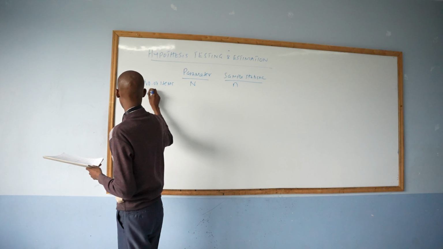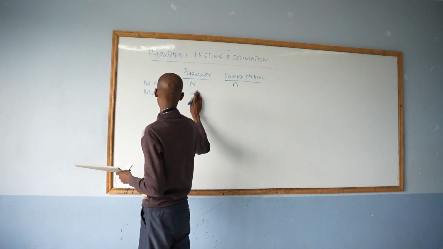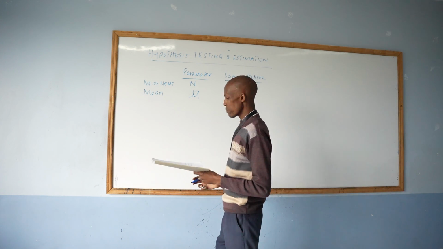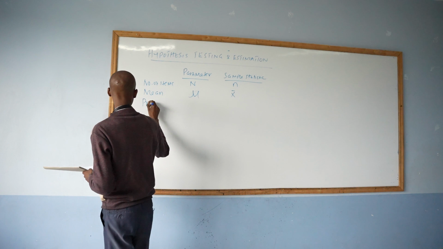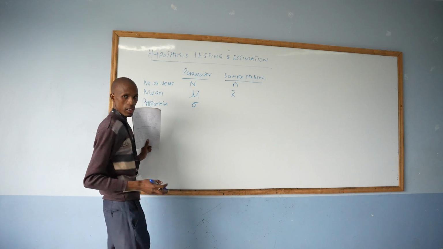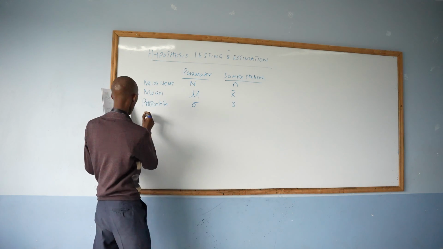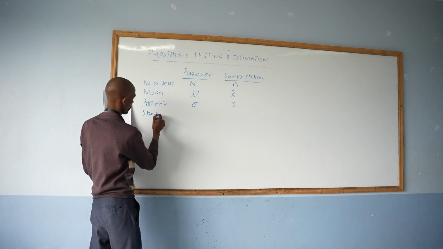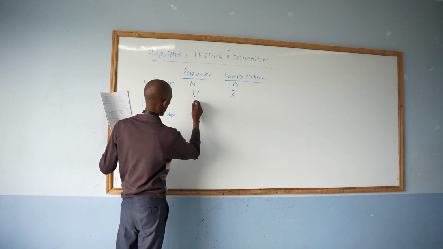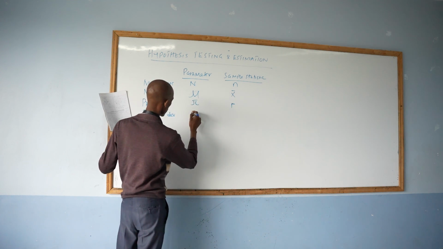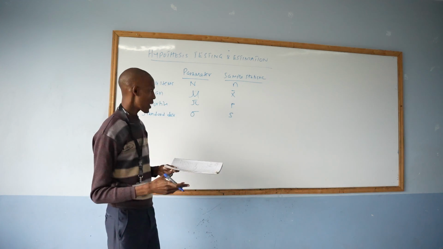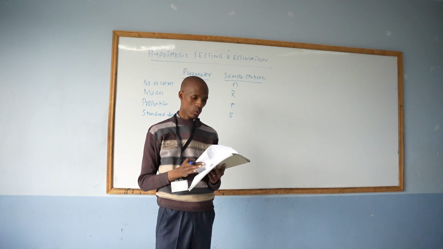If it is mean or arithmetic mean, we shall use mu for the population mean, and x bar for the sample mean. Proportion, for the standard deviation we say sigma for the population and s for the sample. For proportion, this is pi for the population and p for the sample. So these are the symbols that we are going to interact with in these topics. Please take note of them.